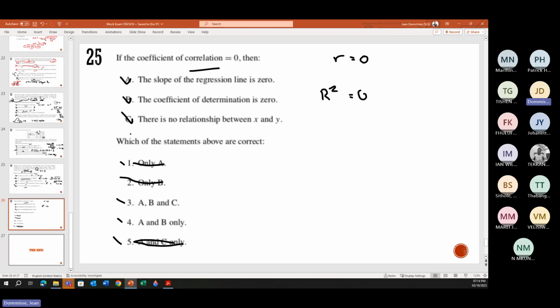It's a weak positive, but when it's 0, absolutely no relationship. So A, B, and C were the correct ones. This was an interesting paper because a lot of theory in it.